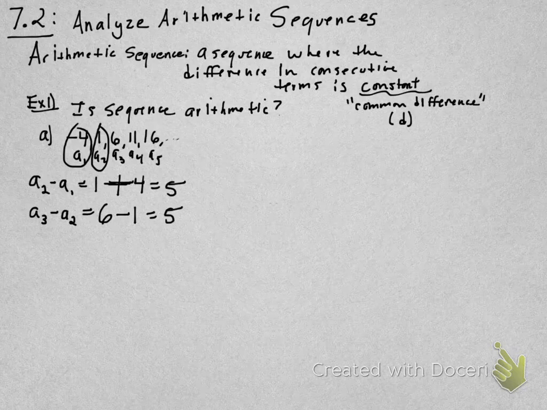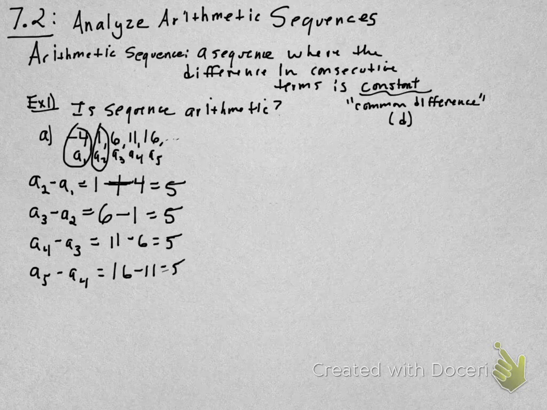Just because those two happen to have the same difference of 5, you wouldn't want to conclude it's arithmetic until we check all of them. So I'm going to subtract the third term from the fourth term. That would be 11 minus 6, which gives me 5. So far it's looking good. The last one I'm going to check is the fourth term subtracted from the fifth: 16 minus 11.